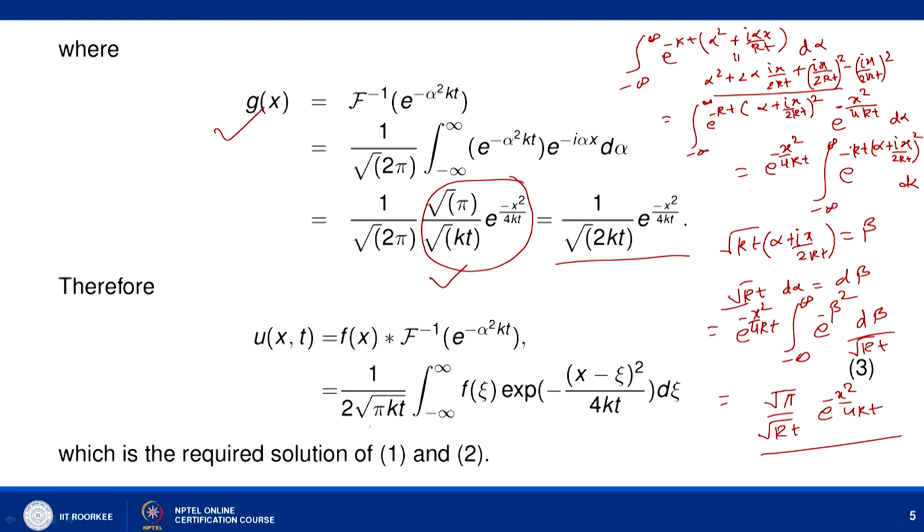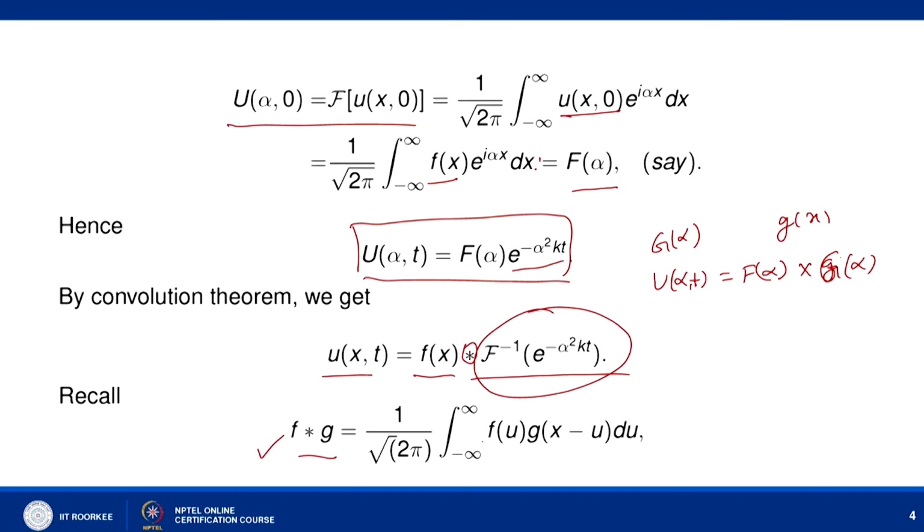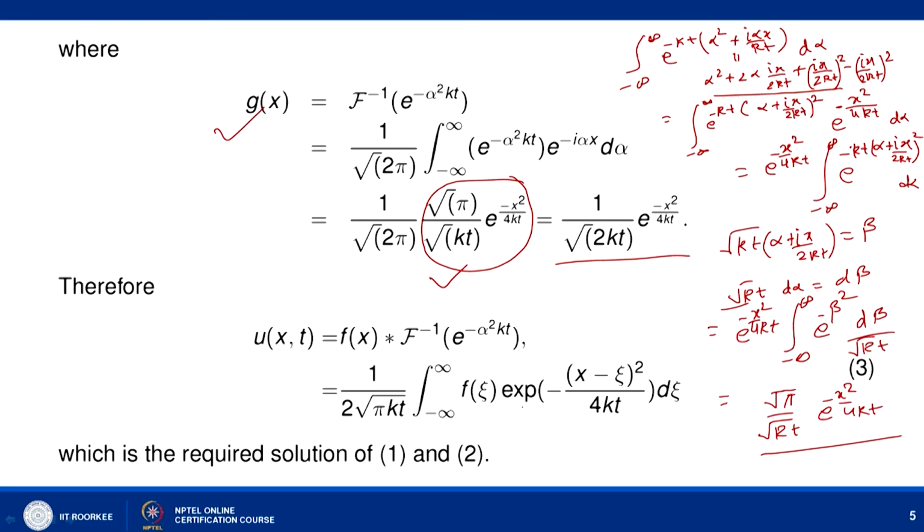So, 2 can be taken out, and we can write 1 upon 2 root pi kt integral from minus infinity to infinity f of xi exponential of minus, here in place of x we are writing x minus u. So, here u is replaced by xi. So, I can write minus x minus xi whole square upon 4 kt d xi.